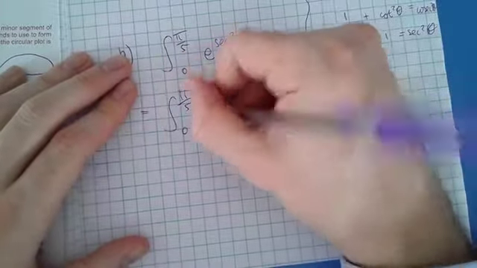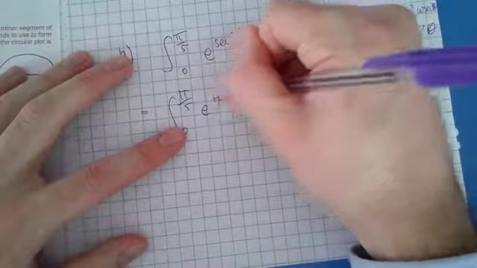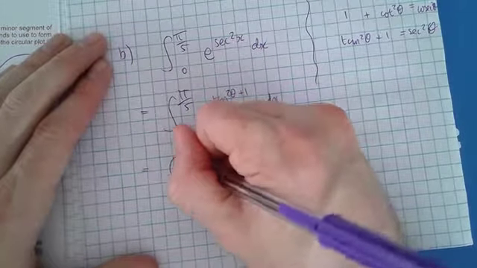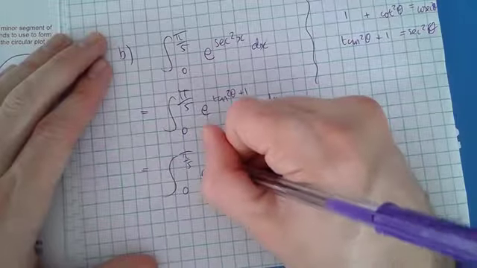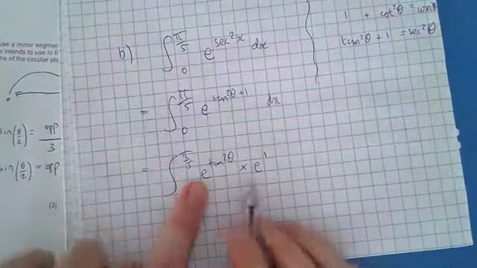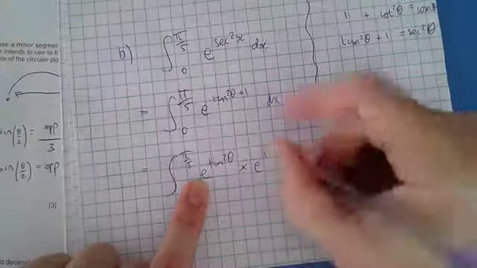If we look at that, that means we can rewrite this as the integral from 0 to pi by 5 of e to the tan squared x plus 1 dx. And I can rewrite that out again. When I'm adding powers, it's the same as timesing the two base numbers together, so that would be effectively written as that in one simple step.